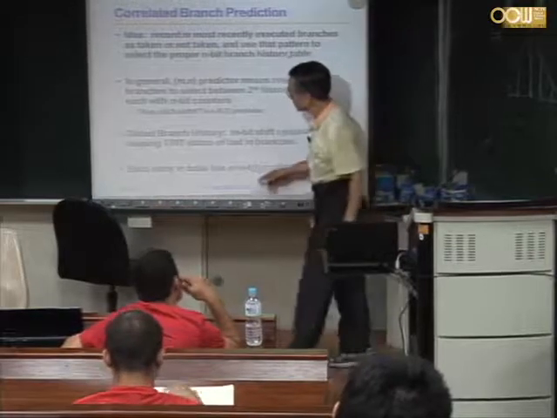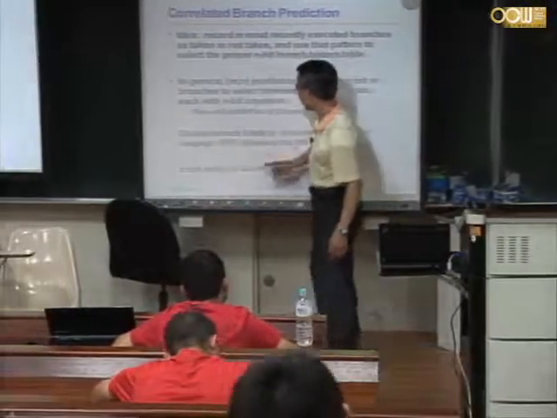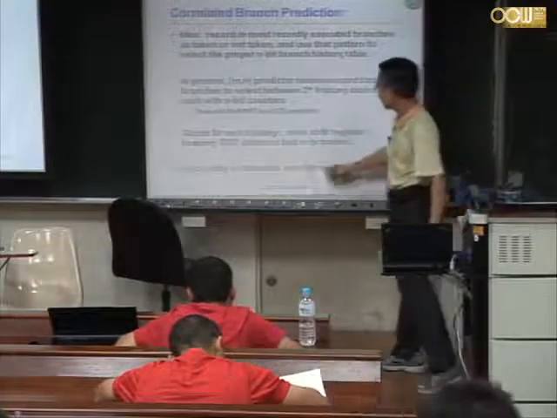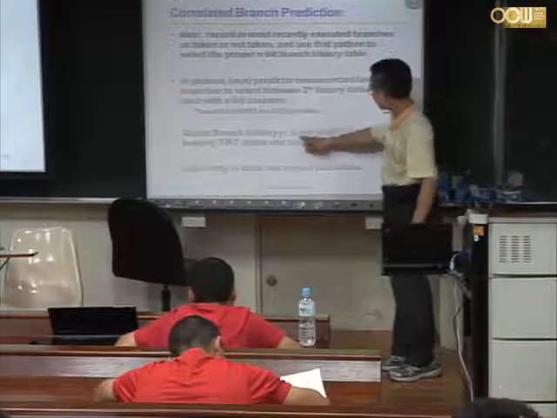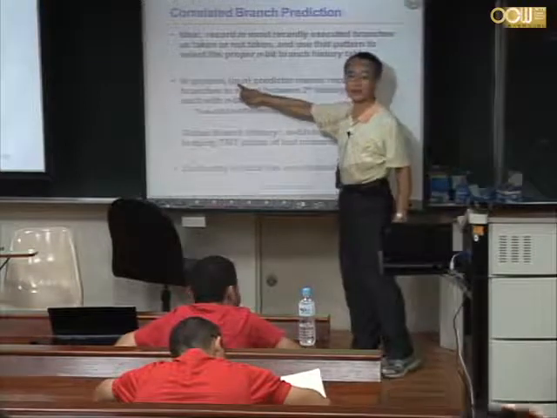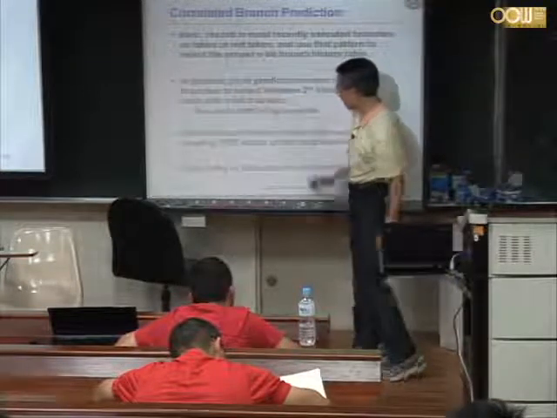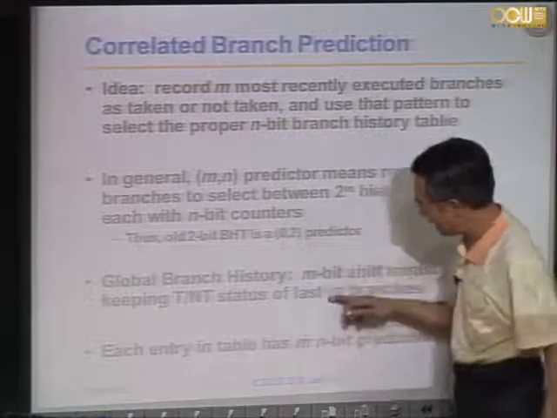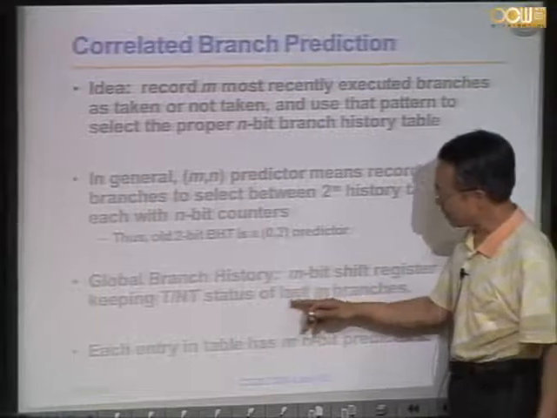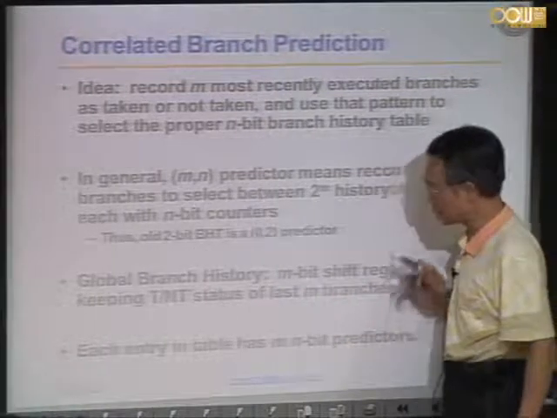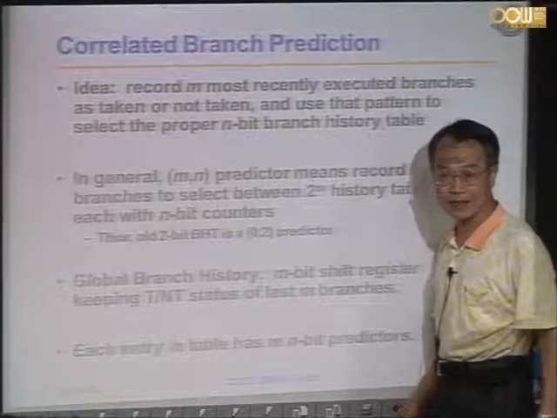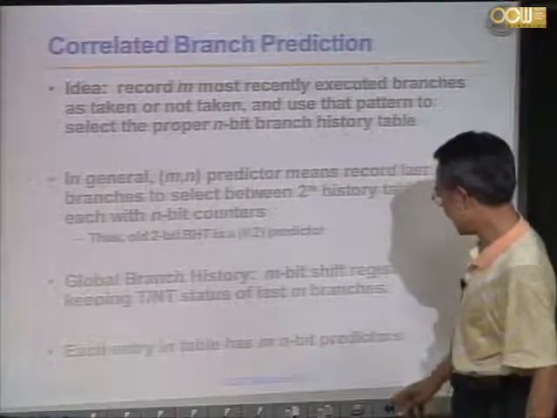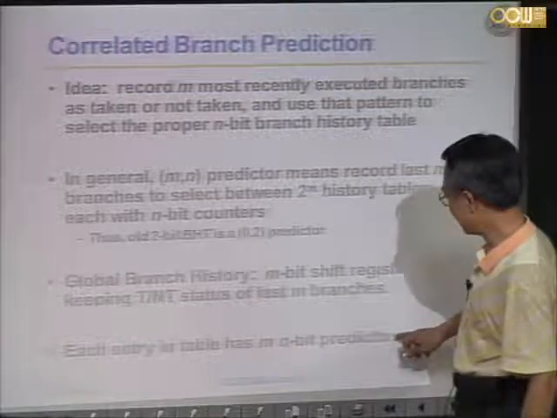Okay, so that's something about global branch history. Global branch history. We used an M-bit shift register. What is this M? The same M here. Keeping the past and the latest M branches that have actually occurred, and predictors.